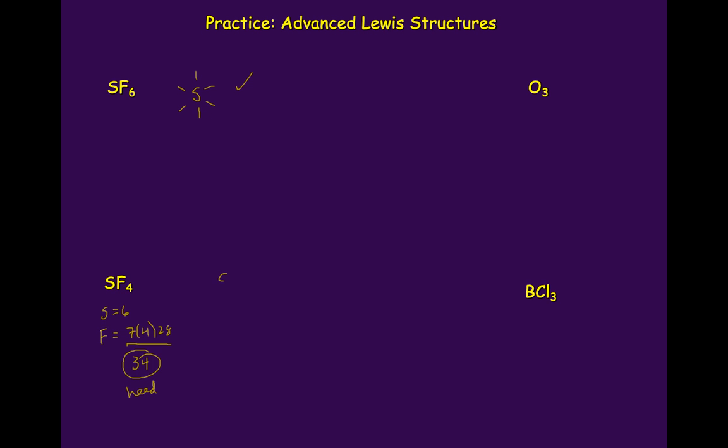All right, I'll put my S in the middle, put my bonds around it, okay? And then I'll put my F's where I need to be, with single bonds around it, just like we did before. We'll put our dots around here, my octets around where I need to.